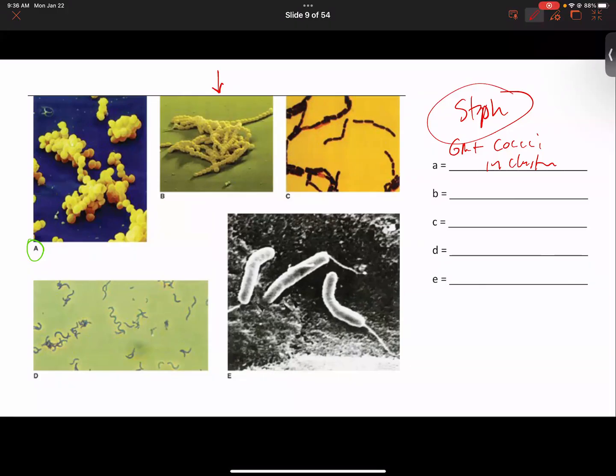Strep, I agree. Strep appears as gram-positive cocci in chains. All right. Group A strep, group B strep. All right. What else could it be, though? What other type of virulent organism that has been discussed that's not necessarily a strep appears gram-positive cocci in chains? Enterococcus. Good. Enterococcus.